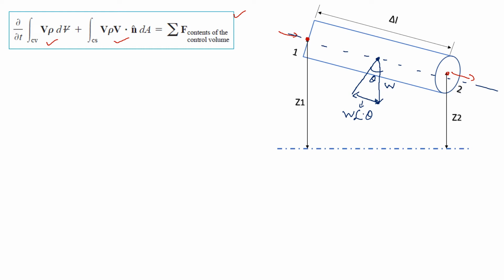So this will come out to be W. Specific weight, as you know, is weight per unit volume. So W is equal to specific weight into volume.